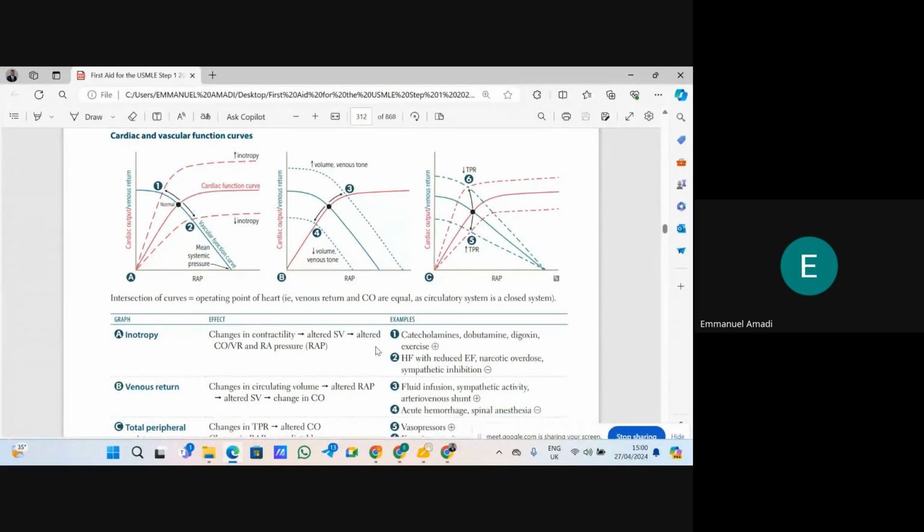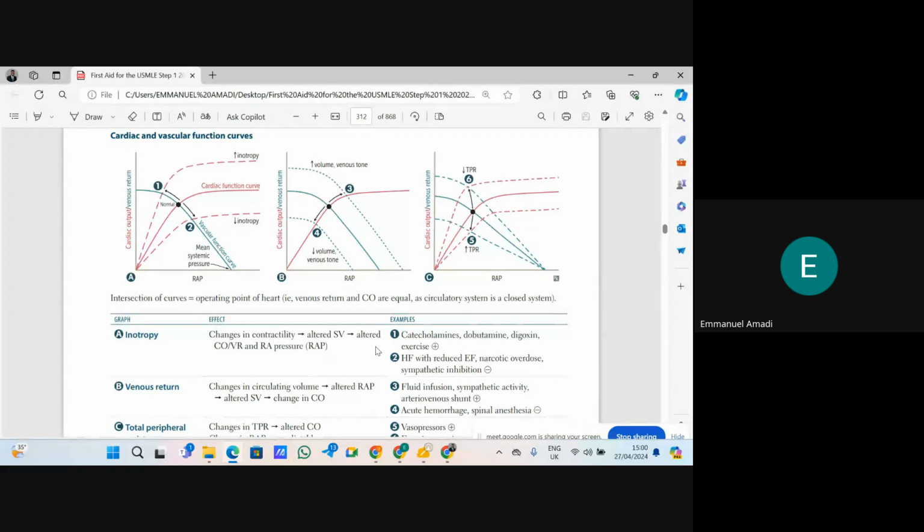Now, if you give sympathetic agonist, what do we mean by sympathetic agonist? Sympathetic agonist causes vasoconstriction. Remember, we settled it. If you constrict, the veins can no longer hold enough blood. They will have to send the blood back to the heart. So vasoconstriction increases preload. Venodilatation decreases preload. That is another thing that can cause number 3.